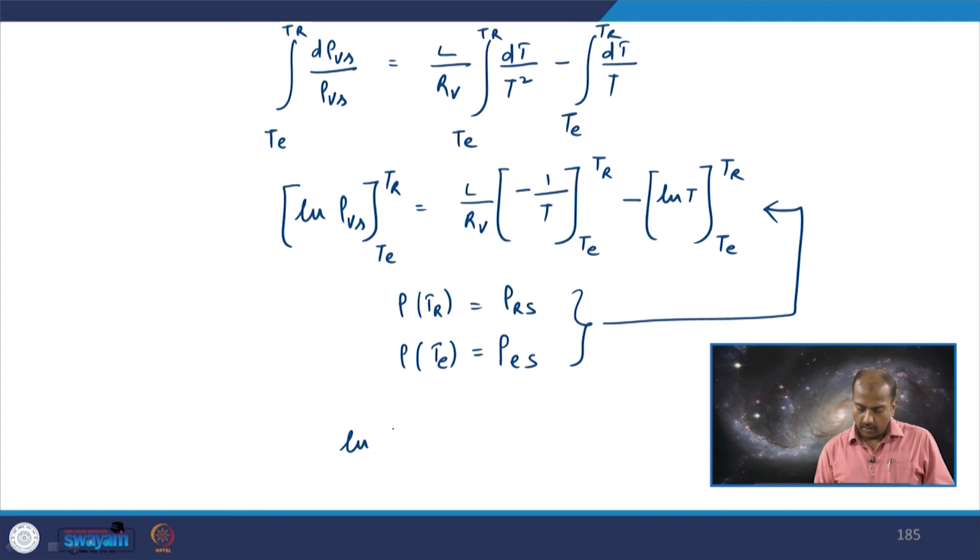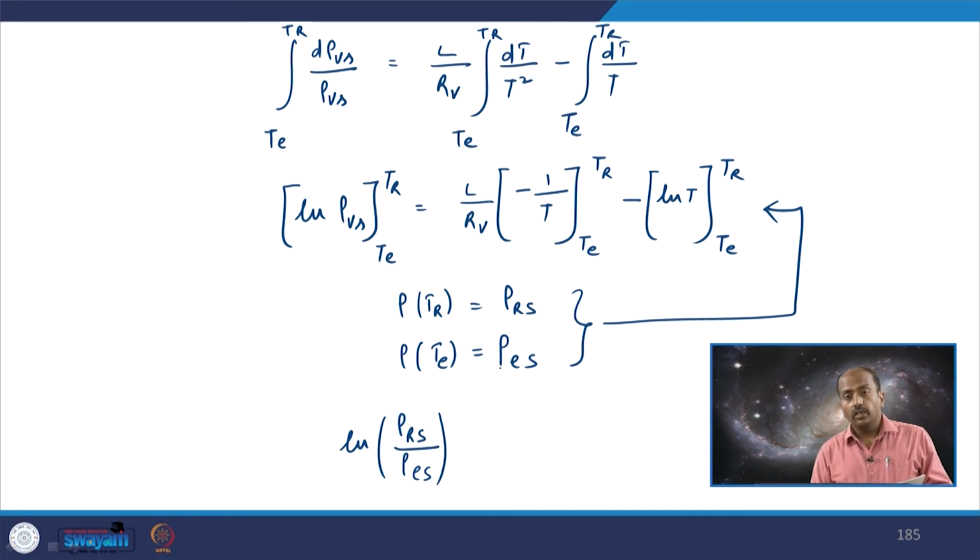Then we will rewrite it as ln of rho Rs. Now, it is obviously at saturation, but where is it? The density is now being calculated at the radius of the droplet, where the temperature is identified to be TR. That is what I am conveniently calling rho Rs by rho Es.